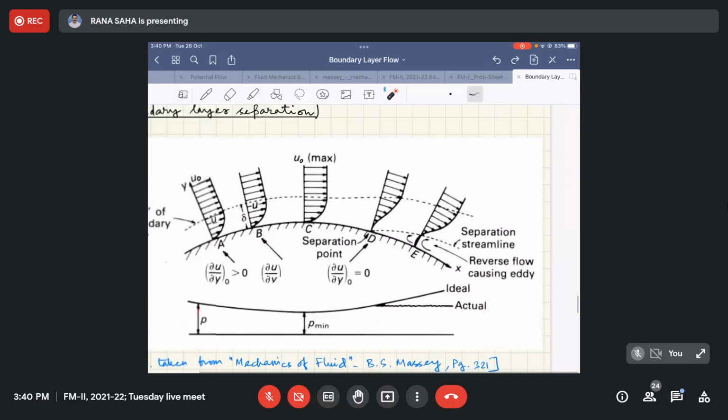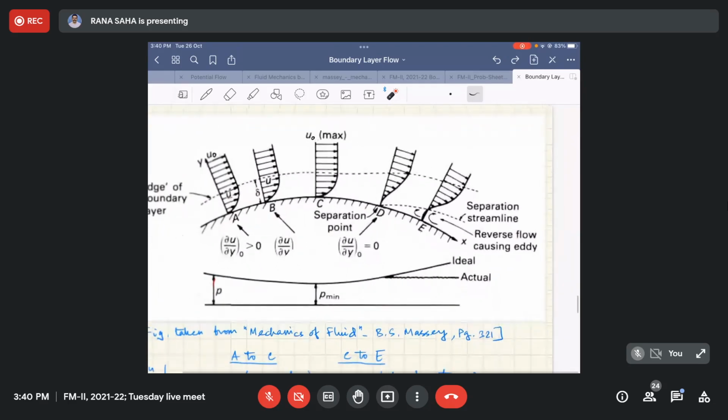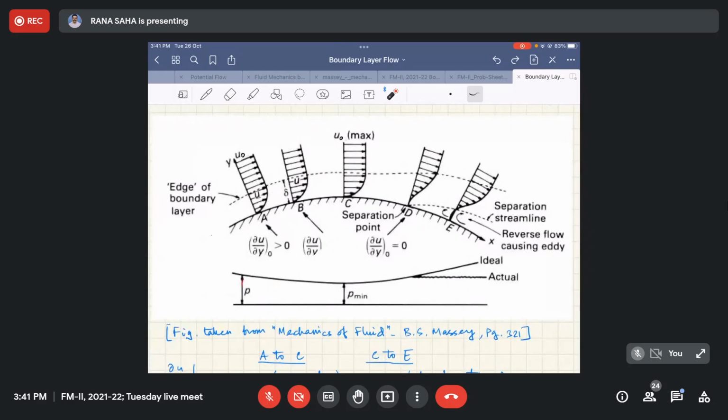Okay, so typically this situation of AD has started from point C onwards, the moment from where you are having a positive pressure gradient, which is called an adverse pressure gradient.